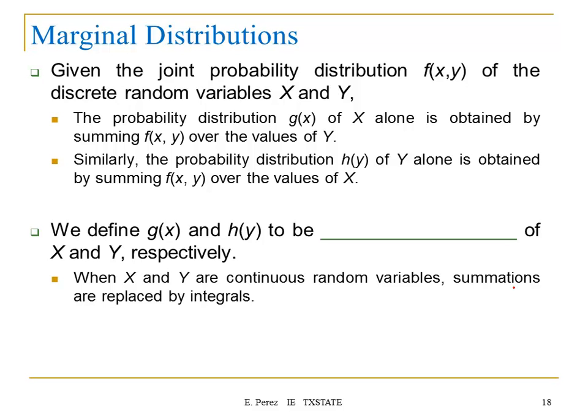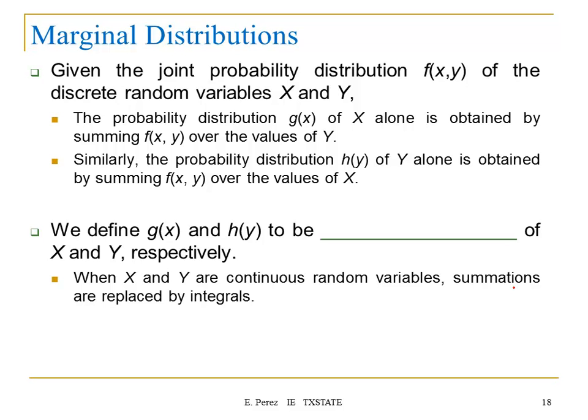Okay. So given the joint probability function or distribution f of x and y of discrete random variables x and y, the probability distribution only for x, that we're going to call g of x, is obtained by summing the joint distribution function over the values of y. So if you sum the probability of the outcomes in terms of y, you're going to get the marginal distribution of x.